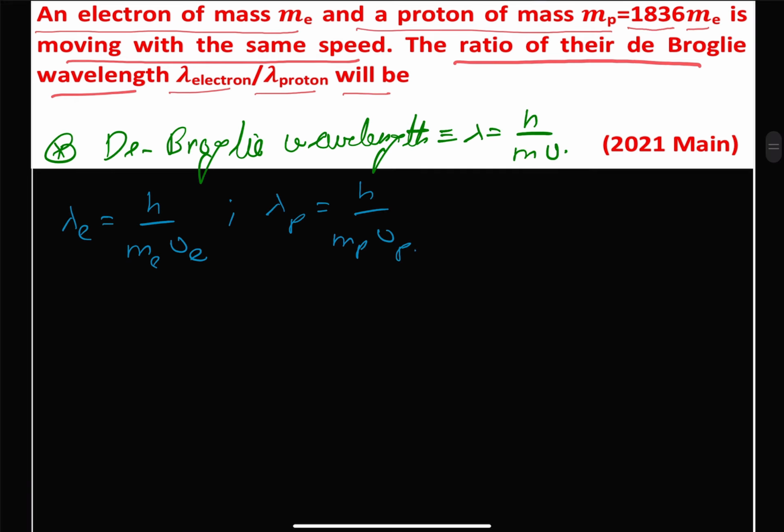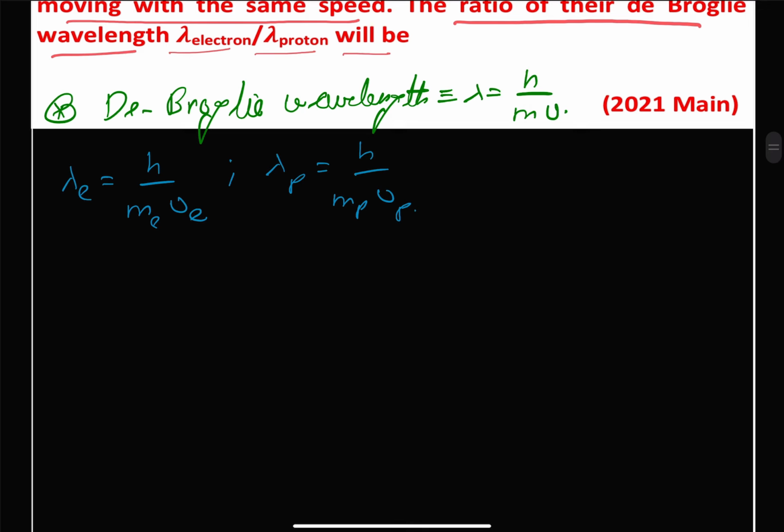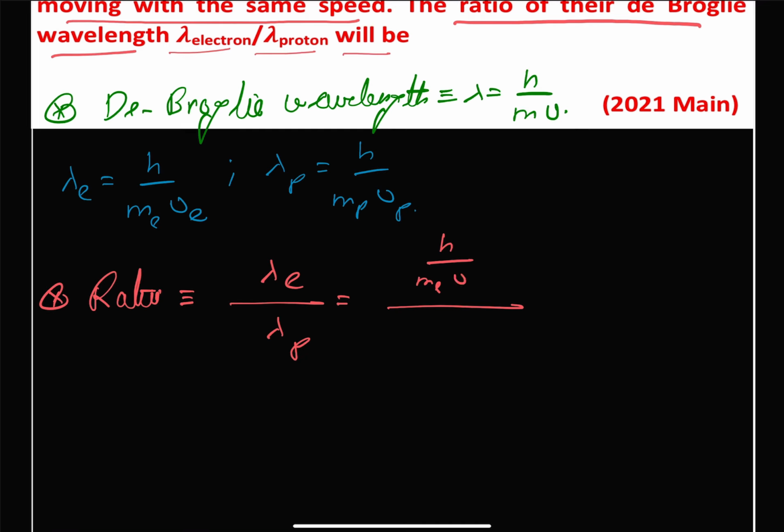And we are interested in the ratio, so the ratio of wavelength of electron to wavelength of proton is h upon mass of electron and velocity of electron, over h upon mass of proton and velocity of proton.